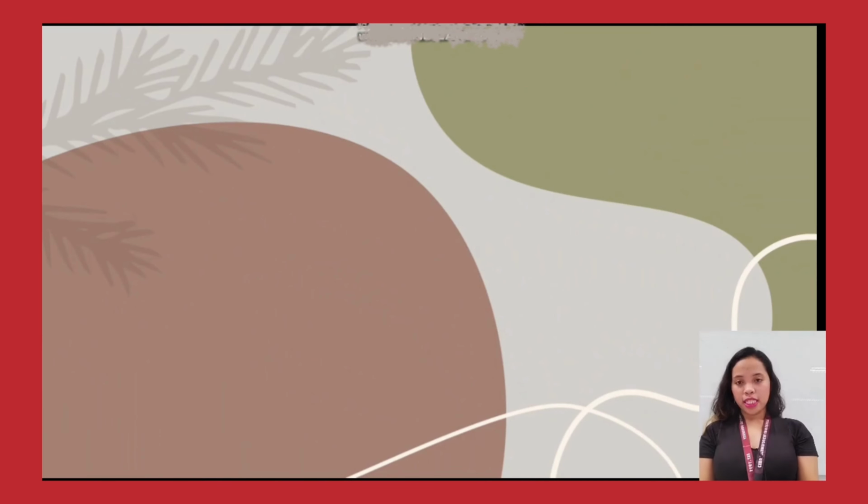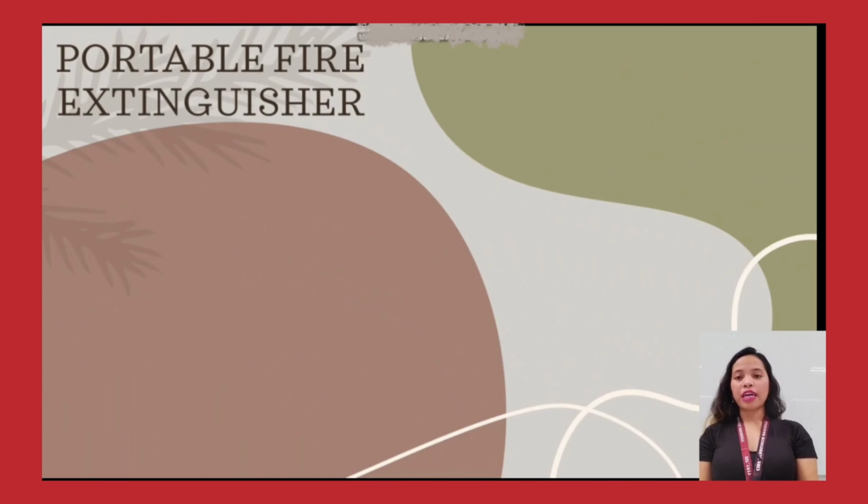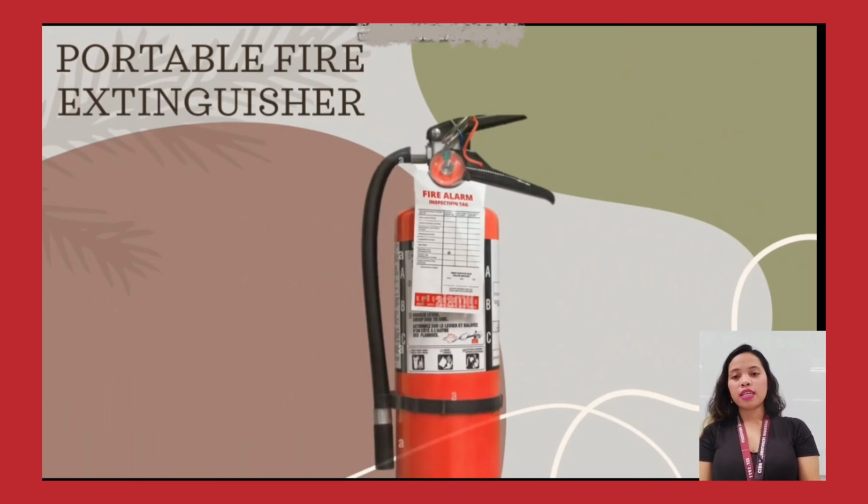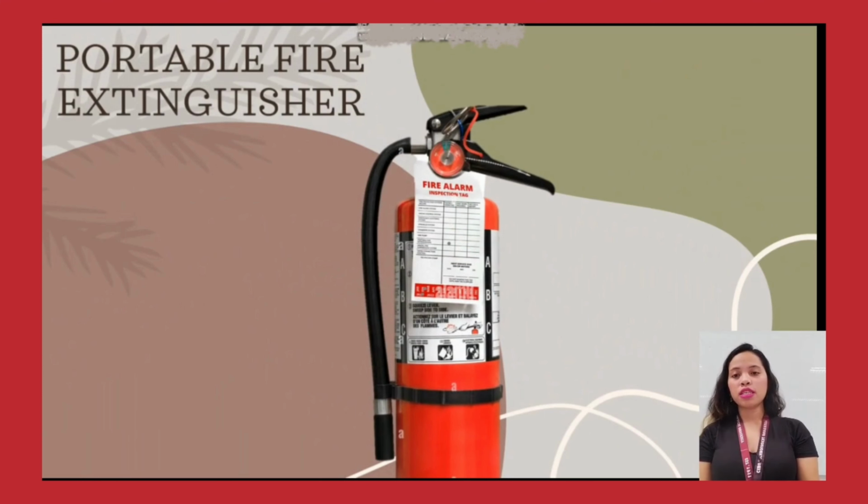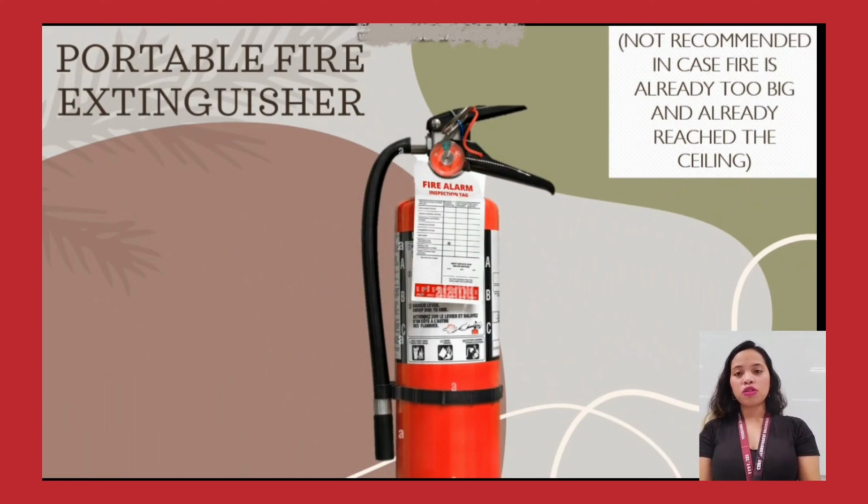So we are going to discuss here the portable fire extinguisher. So as you can see in this illustration, this is how a portable fire extinguisher looks like. But please do note that fire extinguisher or portable fire extinguisher is actually not recommended if the fire is already too big and it's already reaching the ceiling. So in this illustration, you can see here the parts of the portable fire extinguisher.